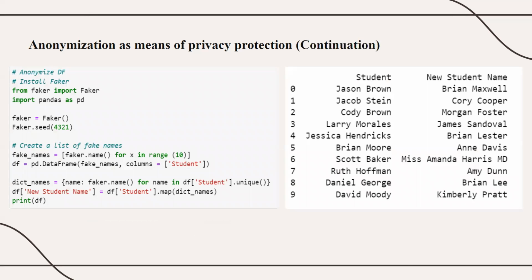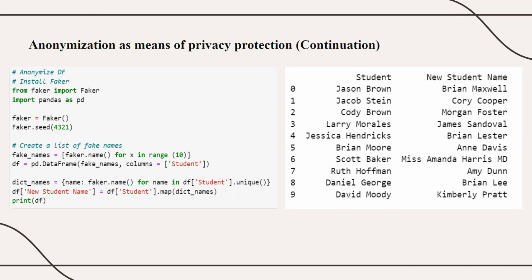Just like we have on the left-hand side, we import this Python library called Faker, and we also import pandas, which we use in data exploration. We then initialize a client for Faker, and we seed the client with 4,321.